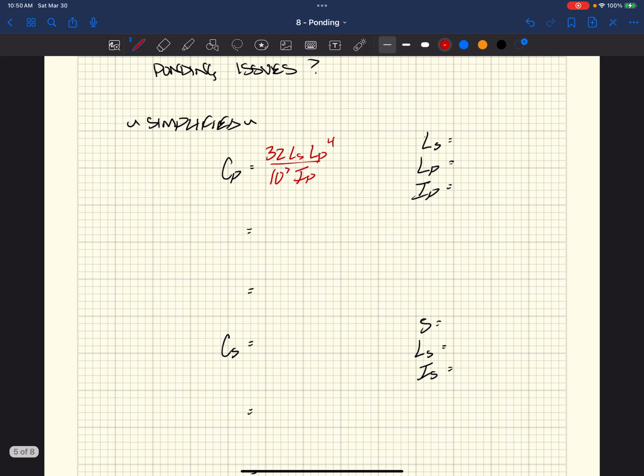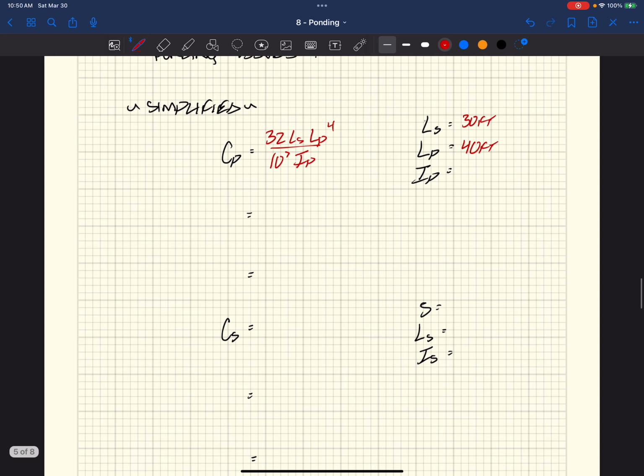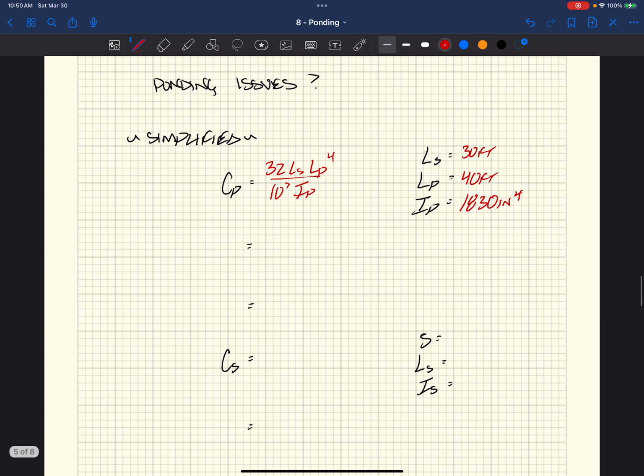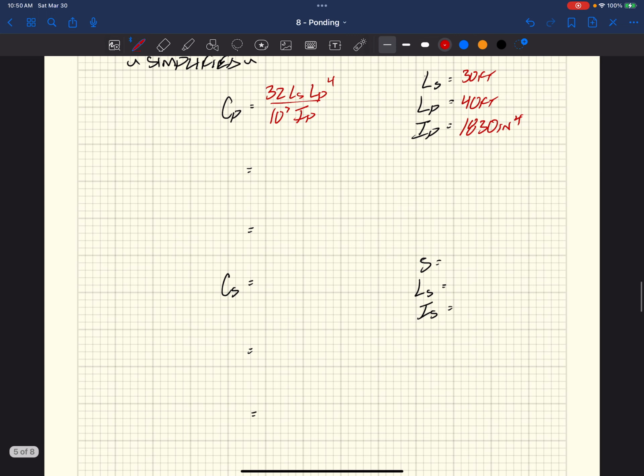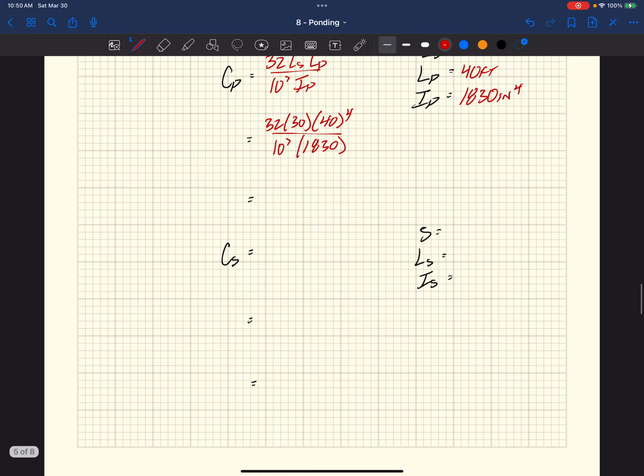So we're going to say LS is 30 feet, LP is 40 feet, and the moment of inertia of a W24 by 68 is 1830 inches to the 4th. That being my favorite wide flange beam section, as we've talked about before. So CP then ends up being 32 times 30 times 40 to the 4th, all over 10 to the 7th times 1830 inches to the 4th.